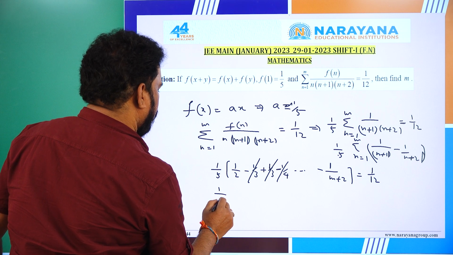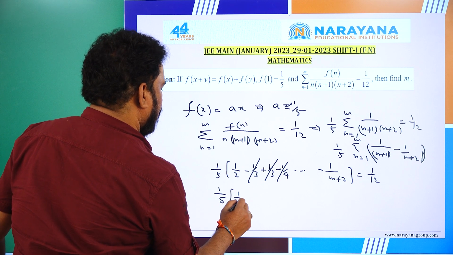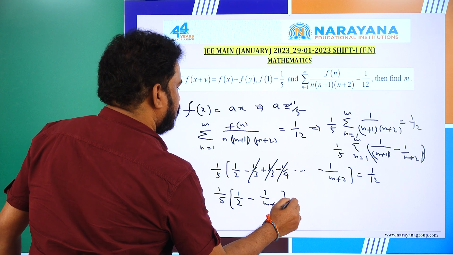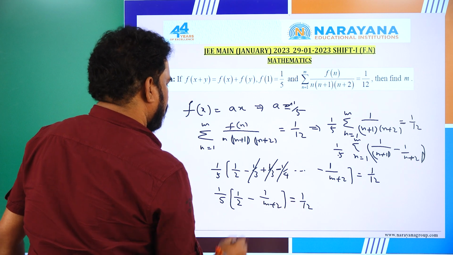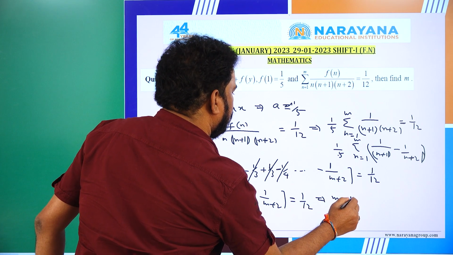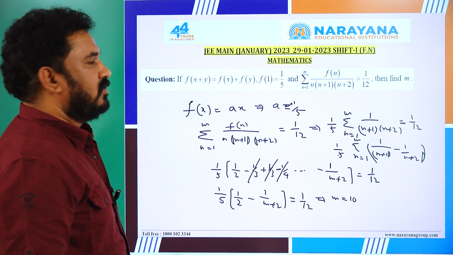So we get 1/5 into (1/2 - 1/(m+2)) equal to 1/12. By solving this, we get m = 10. Okay, 10 is the answer for this question.